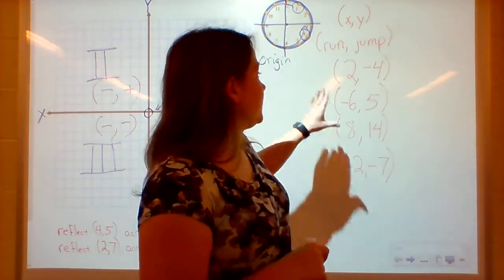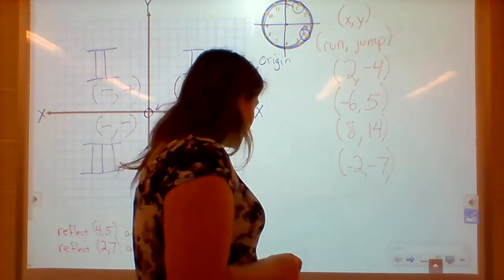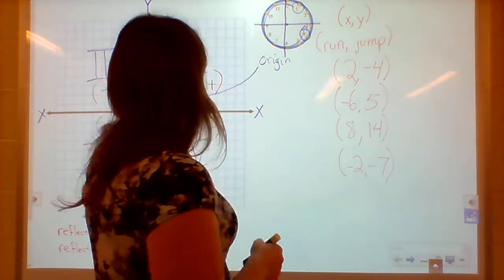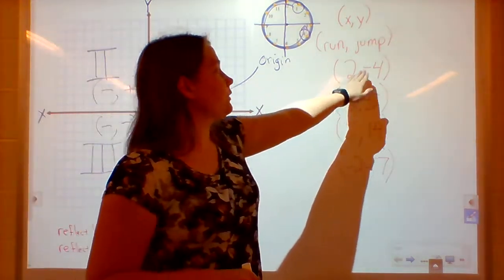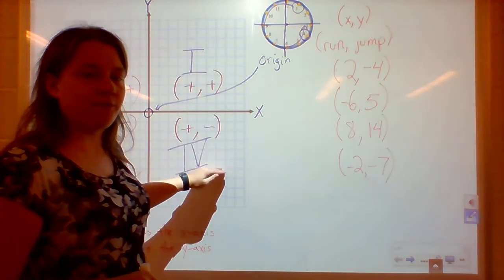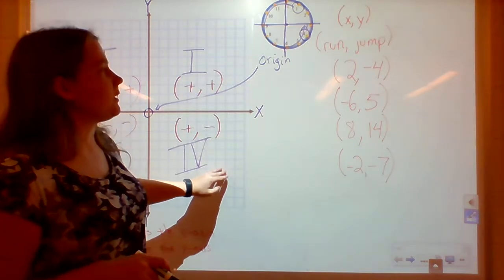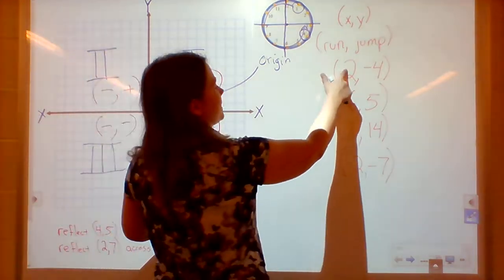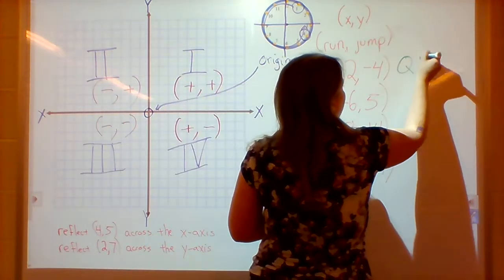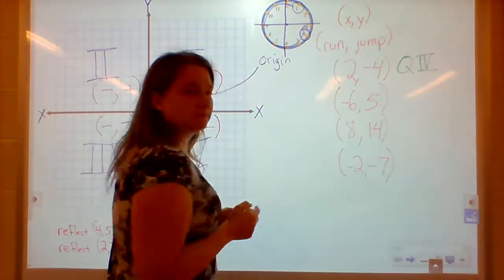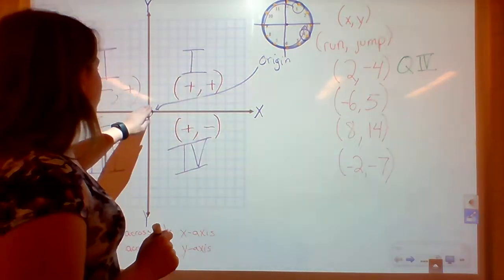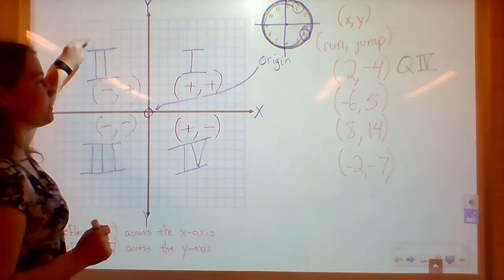So, if we look over here, and we try to assign these numbers to quadrants, we're going to see that 2, -4 has us running in a positive direction and falling. Doesn't matter where we're going right now, but I can tell by the positive, negative, that I'm going to end up in quadrant 4. When I look at -6, 5, that means I'm going to run negative and jump positive.